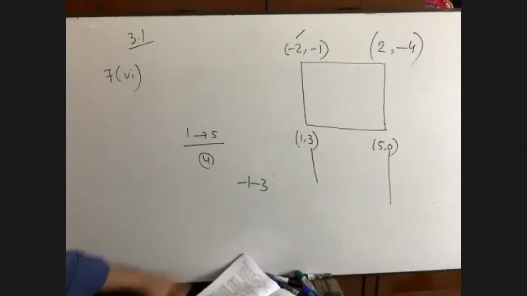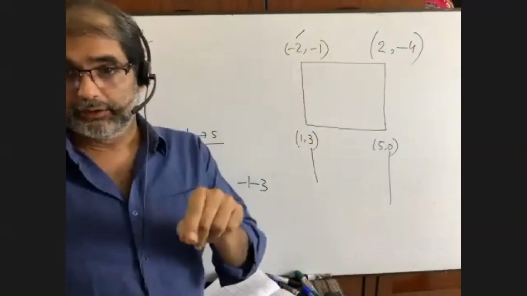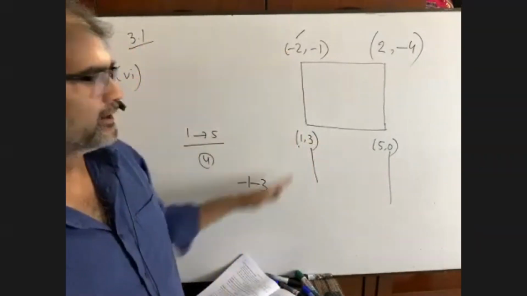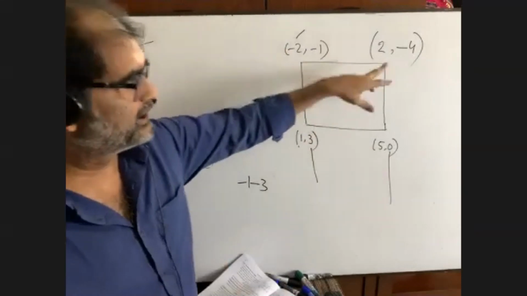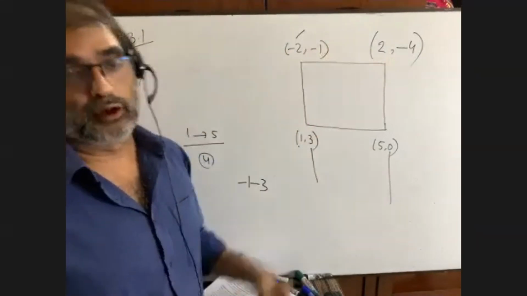If a question is given, then this point will not be given. We'll tell you, question number A, find this line or this line. Then find this point. Then prove that it is a square.